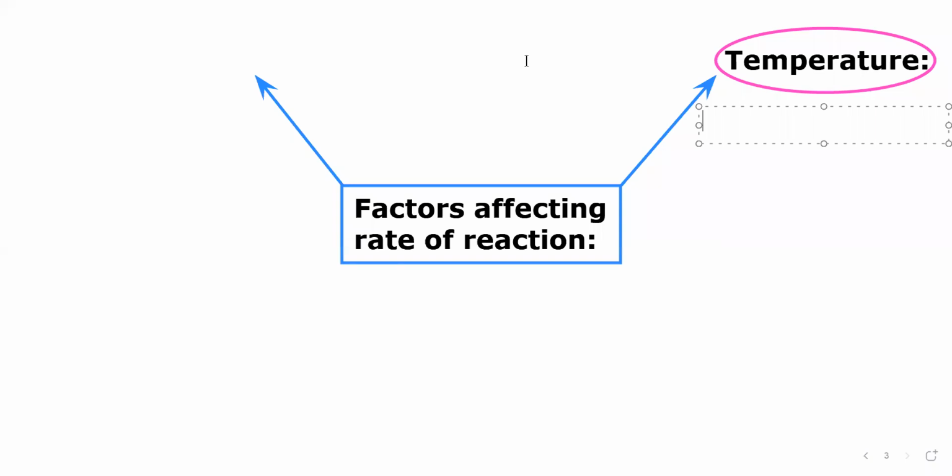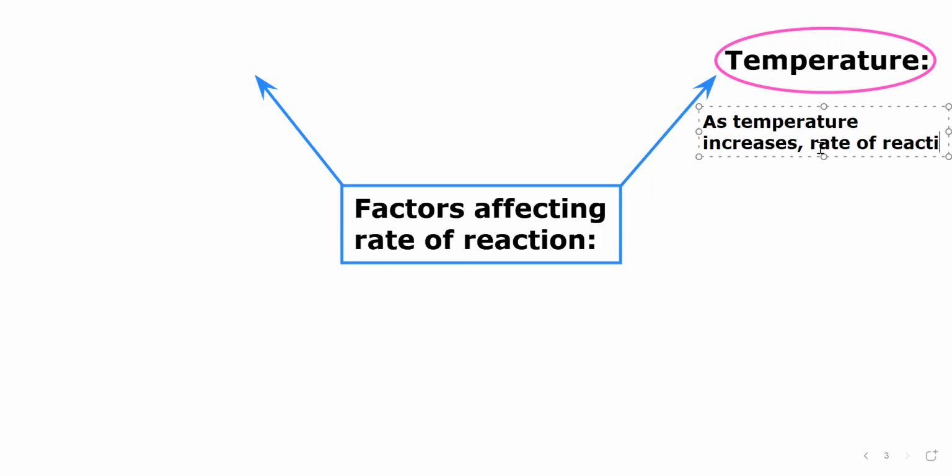Now we will talk about factors affecting rate of reaction. The first factor that we will talk about is temperature. Remember, as temperature increases, rate of reaction increases. We also need to explain why. Everything comes with a why. As temperature increases, rate of reaction increases too.